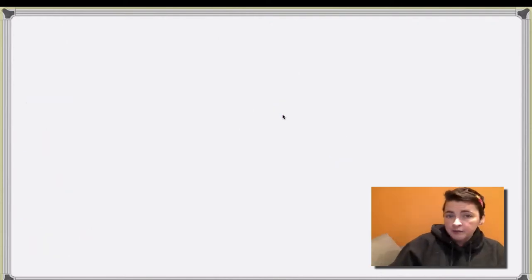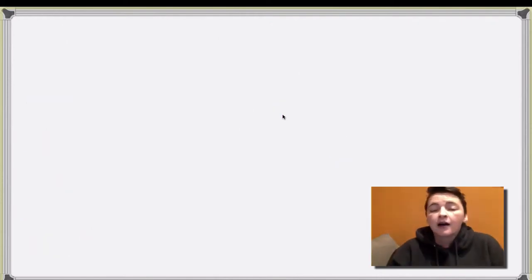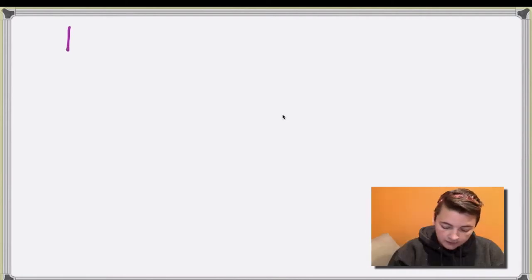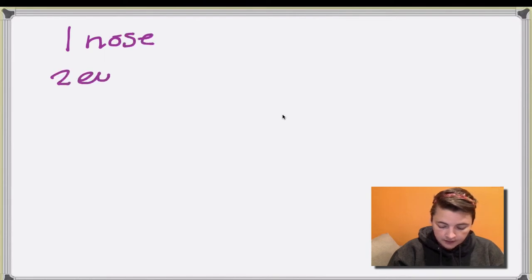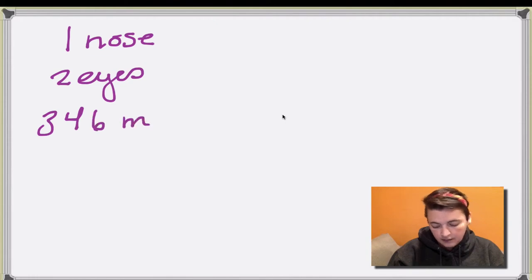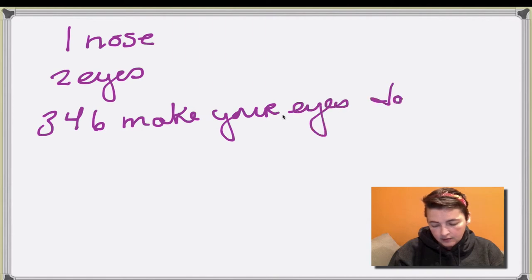The other one that helps remember some of the functions of the nerve is you have one nose, two eyes, and 3, 4, 6 make your eyes do tricks.